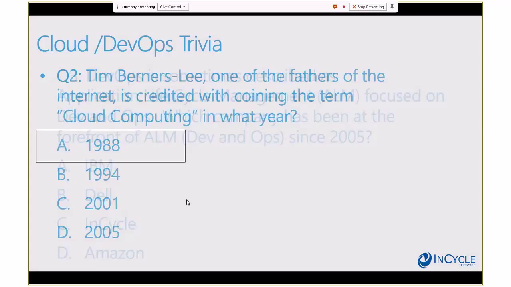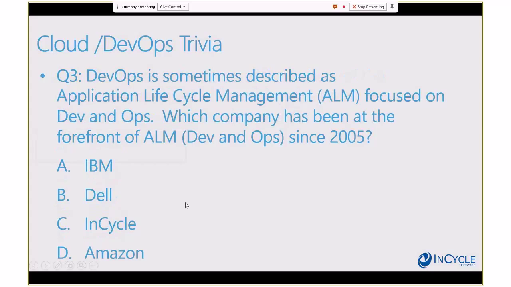The third question is, DevOps is sometimes described as application lifecycle management focused on dev and ops. Which company has been at the forefront of ALM since 2005? Is it A, IBM, B, Dell, C, InCycle, or D, Amazon? Oh, the answer is InCycle. InCycle's been around doing this since 2005.